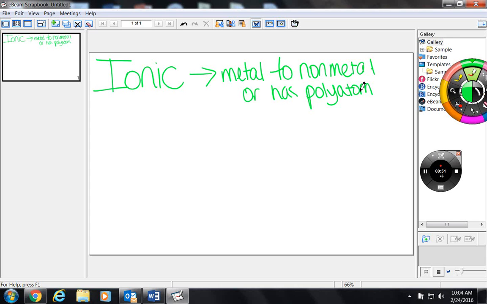Polyatomic ion. Mm-hmm. Alright. So, or it has a polyatomic ion.